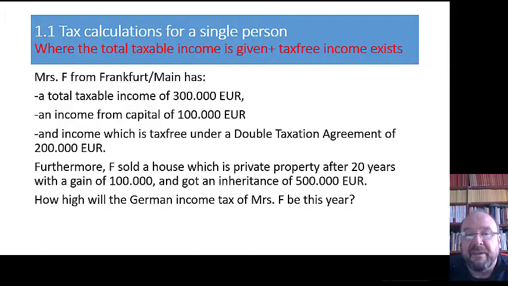The same with the inheritance. It's not a part of the 7 types of income, so it's not a part of the worldwide income, so it does not count. So the only amount which counts here for the determination of the worldwide income, for the tax rate and so on, for that auxiliary calculation, the proviso safeguarding progression, is only the 200,000 which has been named here. So let's solve the case on that basis.